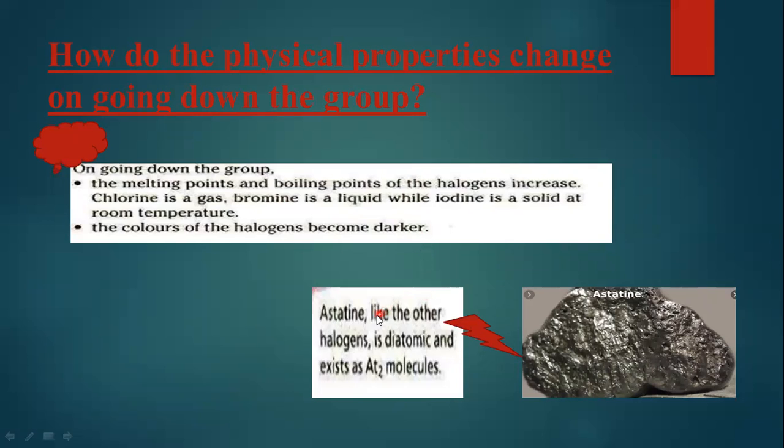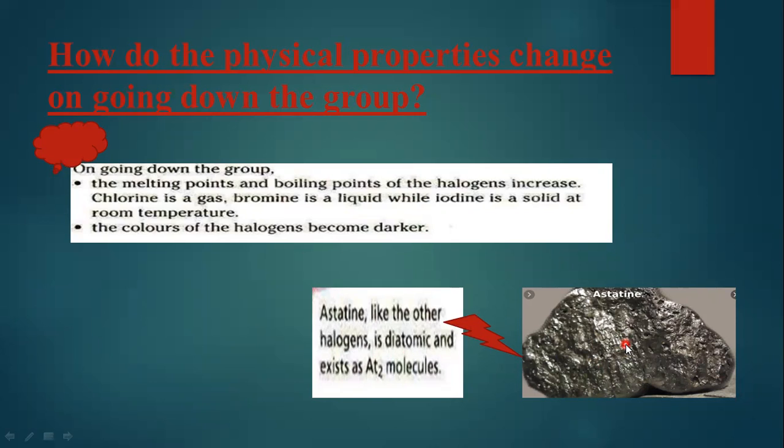Astatine is the last element of group 7, and like other halogens, it is also diatomic, and it exists as an astatine molecule. And you can see here that it is also of black color, solid.